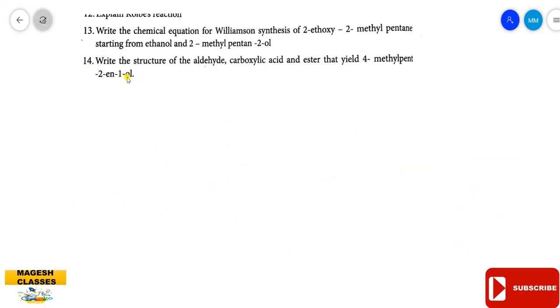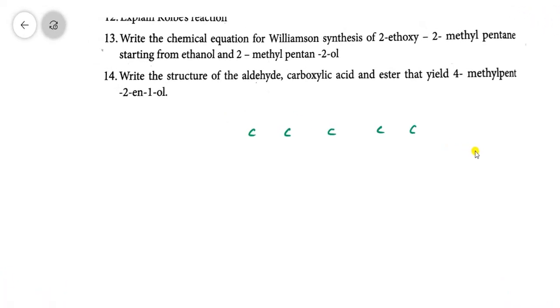Question number 14. Write the structure of aldehyde, carboxylic acid and ester that yield 4-methyl pent-2-en-1-ol. So what are the aldehyde, acid and ester obtained from this given formula? First of all, 4-methyl pent-2-en-1-ol. The pentane long chain consists of 5 carbons. In the second position, the double bond is present, and at the first place, the OH is present.